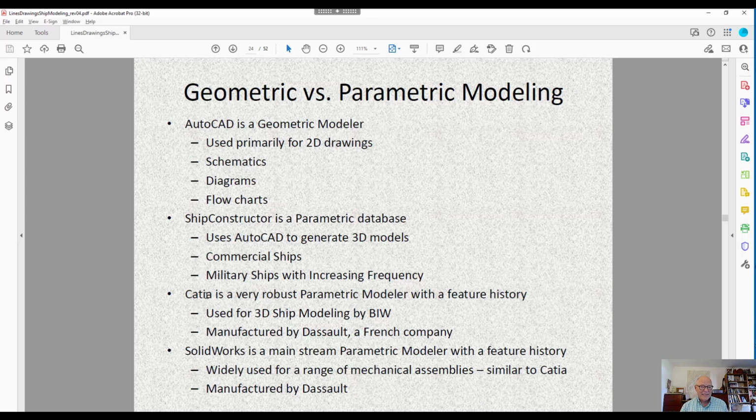CATIA requires extremely powerful computers and is also very expensive, and it's also a little harder to learn. Therefore, we don't use it at Southern Maine Community College. It's just too expensive, really. SolidWorks, though, is a mainstream parametric modeler, and that is very similar to the way CATIA works, but it's designed for smaller projects.